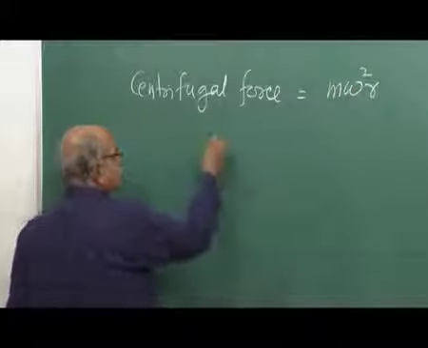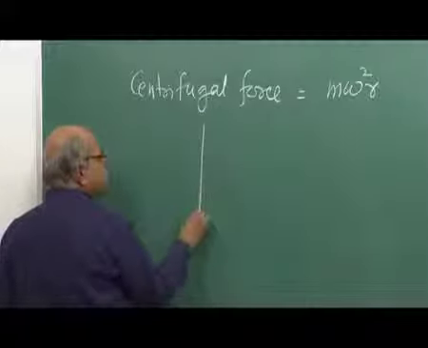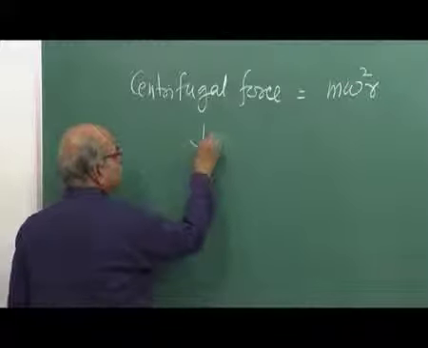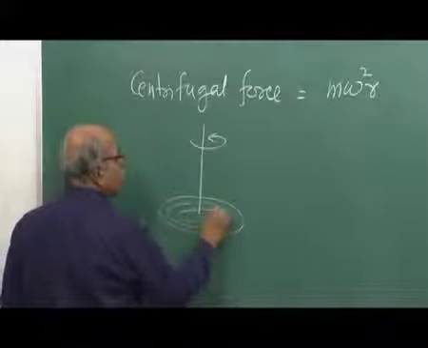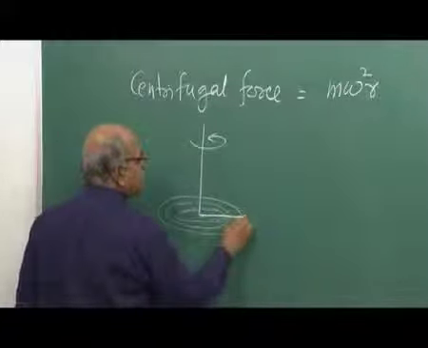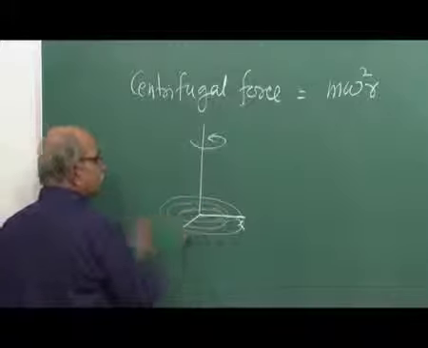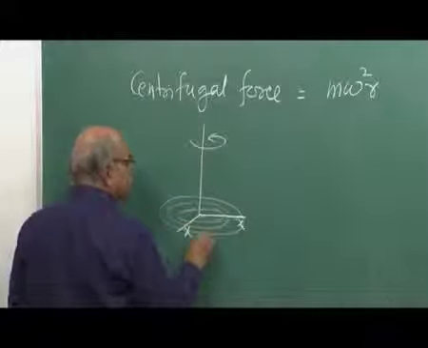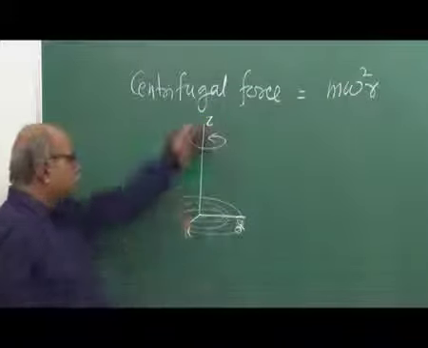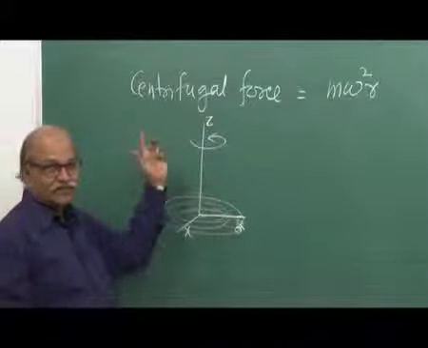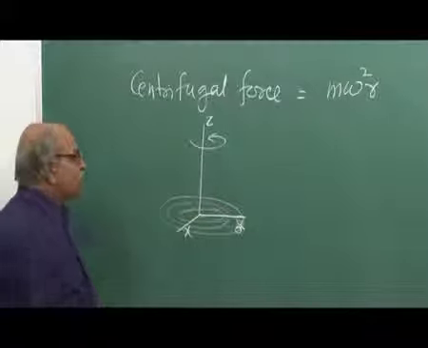And what are these quantities? Suppose this is the axis of rotation and the frame, whatever frame. You can have a disk. Suppose you have a disk and the disk has x-axis marked on it, y-axis marked on it, z-axis marked on it, and about z-axis it is rotating with some angular velocity omega.